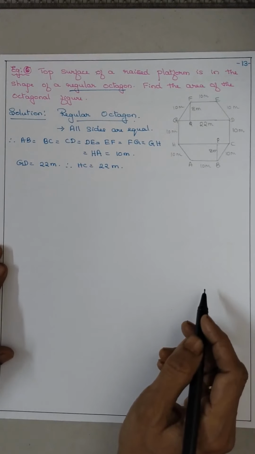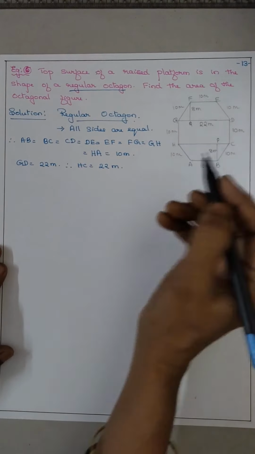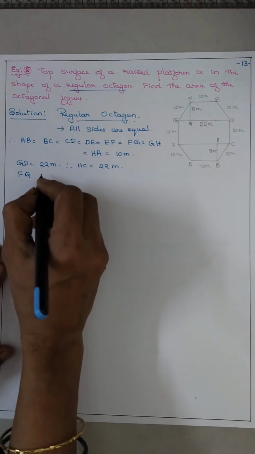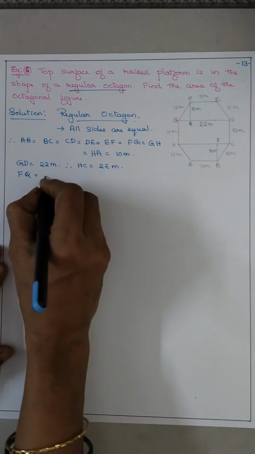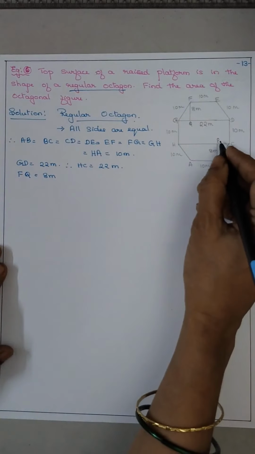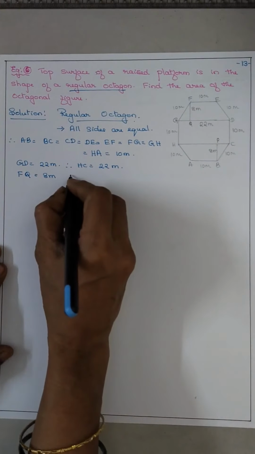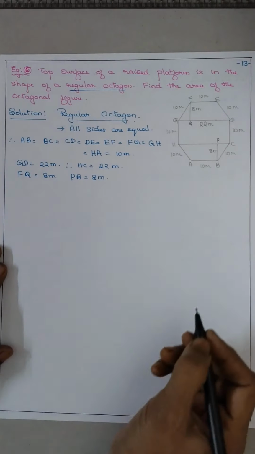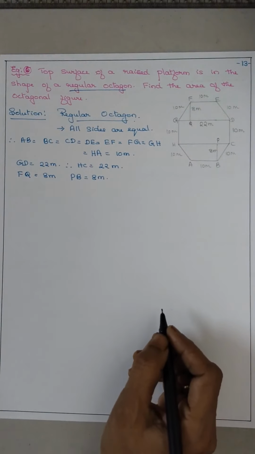Now FQ is equal to 8 meter and PB is equal to 8 meter. They are all given.